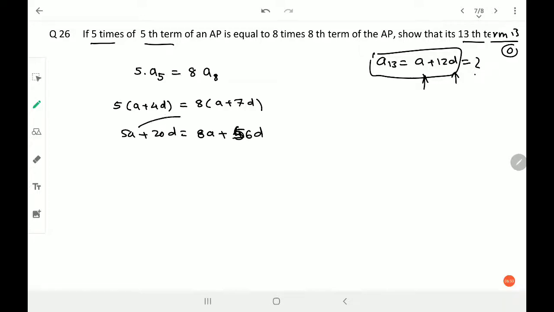Shifting the 5a this side and 20d also this side, everything will be equal to 0 here. Why am I doing that? Because a and d are on one side. So 8a minus 5a is 3a, plus 56d minus 20d is 36d, dividing by 3, a plus 12d.